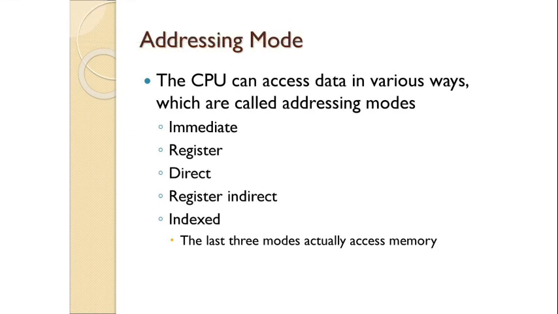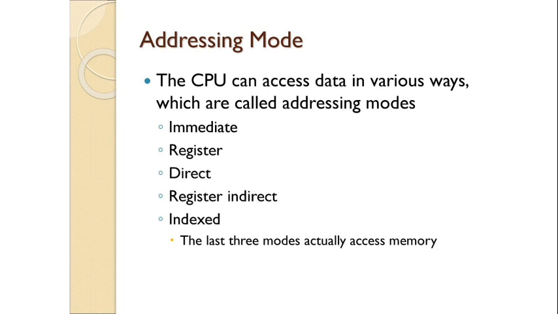In the previous class we have already seen what an addressing mode is and also the immediate addressing mode. So once we will go through this. What is an addressing mode? The CPU can access the data in various ways, which are called addressing modes.